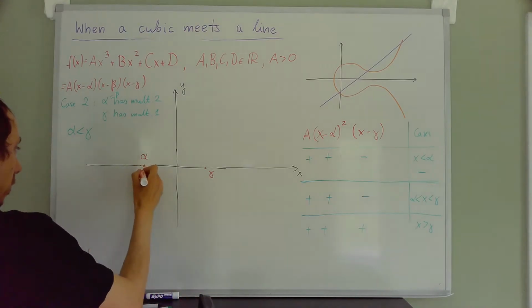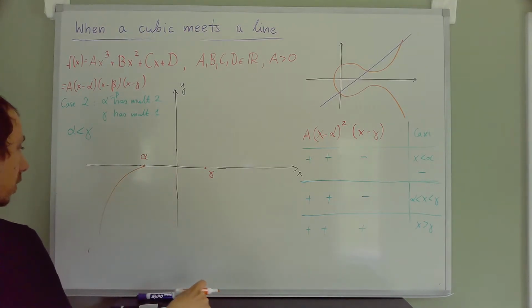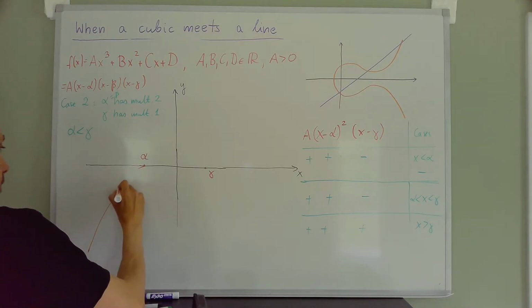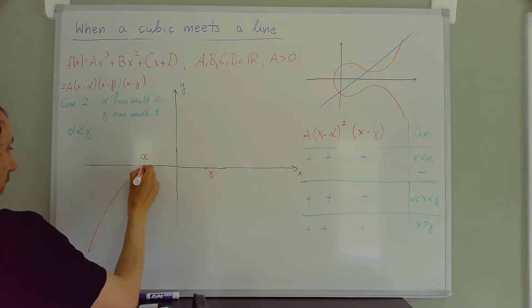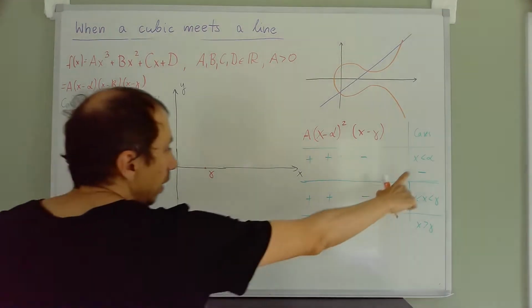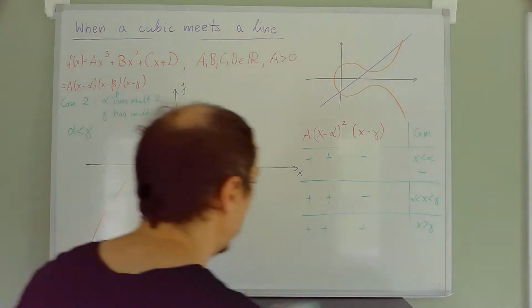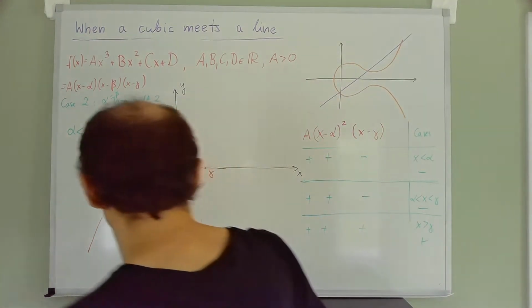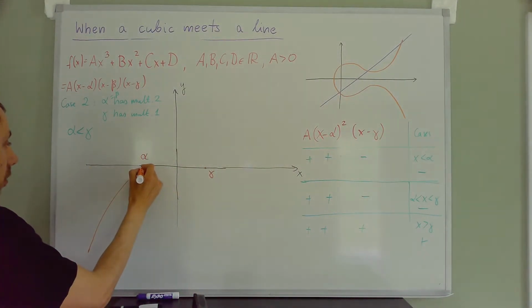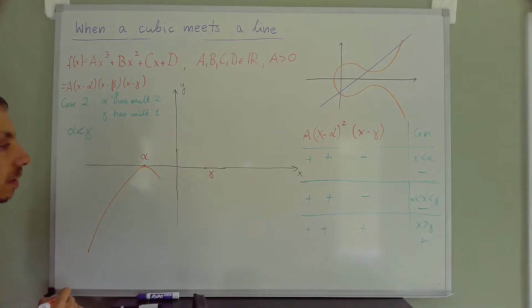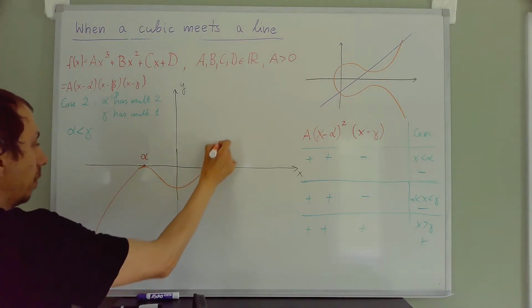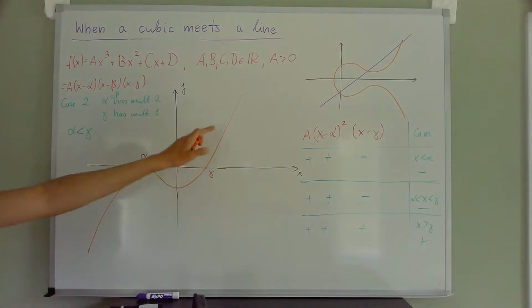Make my graph look a little better. Okay, so it goes up, still doesn't look very good. Goes up to the root, touches it there, but then, so this is negative, right? Negative and positive. But then as it passes through alpha, it still becomes negative, it's still negative. So it just goes back like this. Stays negative here, and then as it goes to gamma, it goes up because it now goes to positive, right?